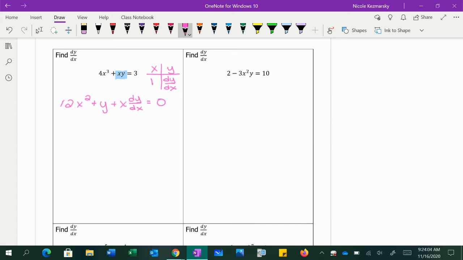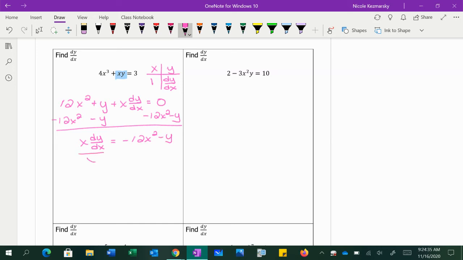And then the instructions say find dy/dx. So we're going to get the dy/dx by itself. We're going to go ahead and subtract 12x squared and subtract the y. So minus 12x squared and minus y. So that's going to give us x dy/dx equals negative 12x squared minus y.